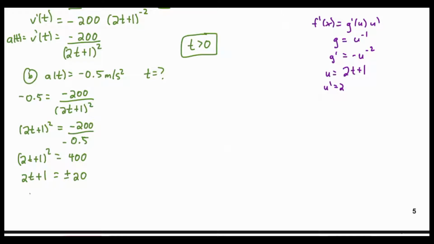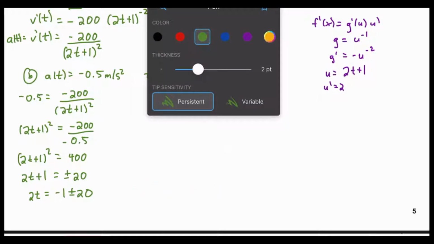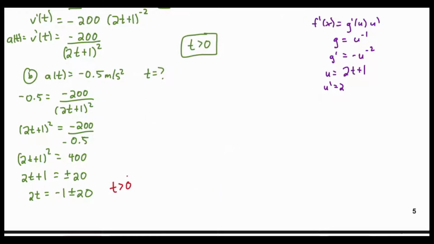So let's keep rearranging. 2t equals negative 1 plus or minus 20. I can see now that the minus 20 will not be allowed, because negative 1 minus 20 equals negative 21, and I can't have a negative time. So because t has to be greater than 0, I'm going to drop that. I'm going to keep working up here just because I'm running out of room. So 2t equals -1 plus 20.